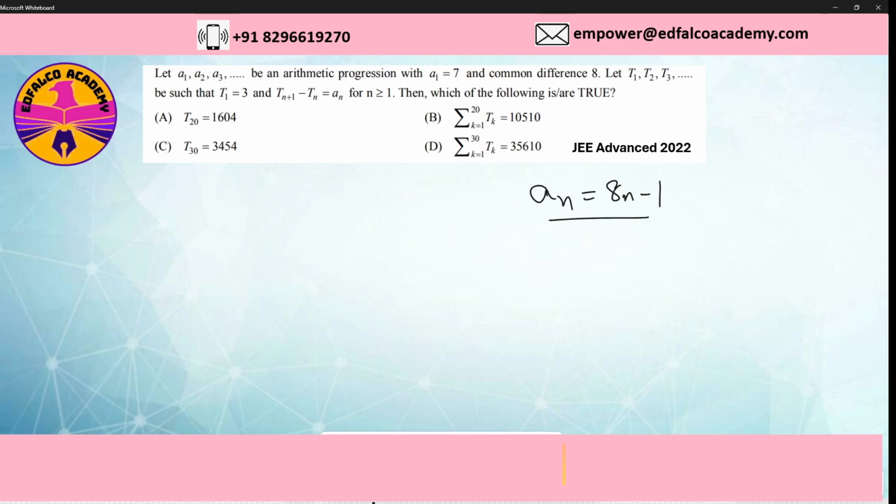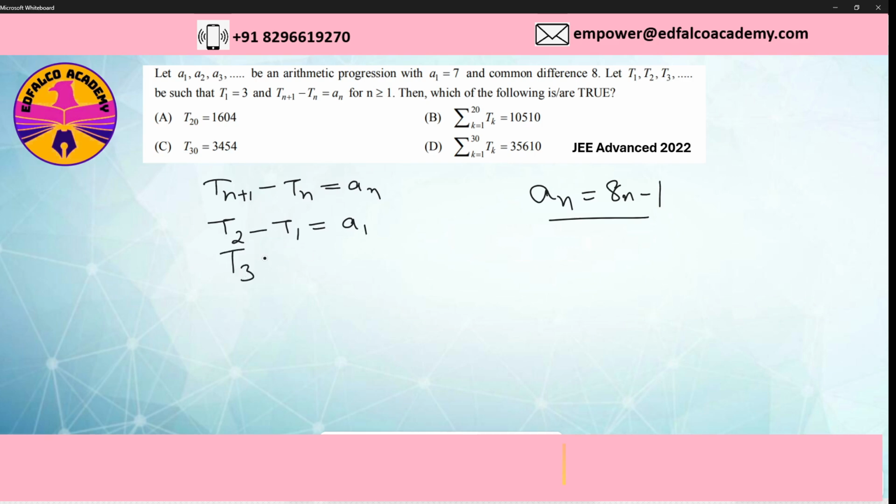So after an, let's see what happens to t, because all the options are asking for t. So if you see, we have been given t(n+1) minus tn is equal to an. So that means t2 minus t1 is equal to a1 होना चाहिए.